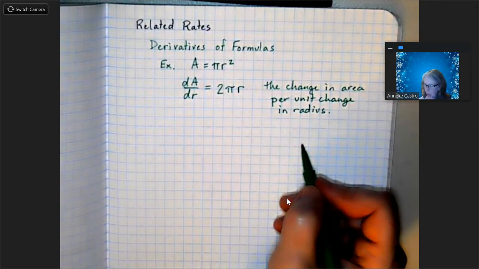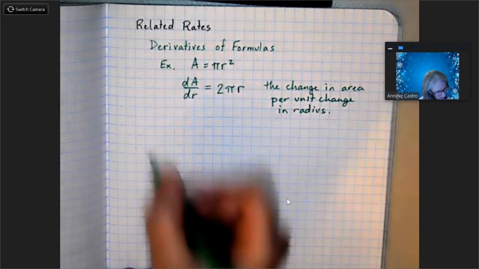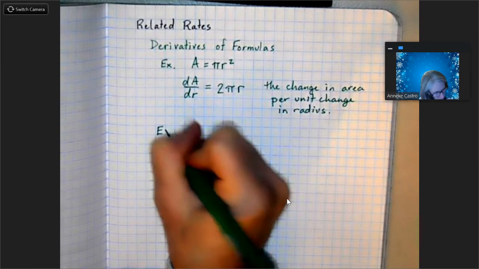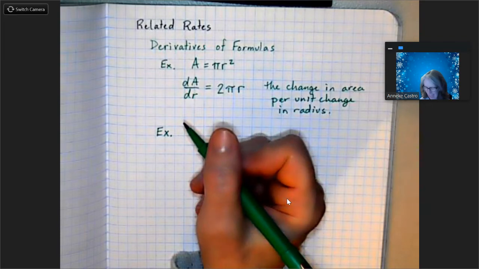Kind of like when we take position and find the change of an object, we're talking about speed. So that one we're going to do next. Okay, so for my next formula, what if I have the formula for position of an object dropped from a height?